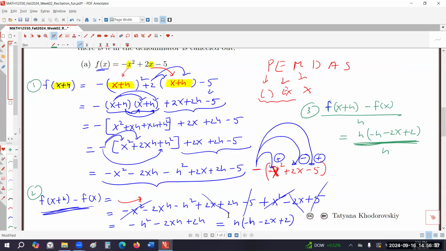What do you see? Can you simplify anything here? h. We can cancel them because one h is multiplying on the top, another h is single on the bottom. Cancel. And let me rewrite with the plus in front: 2 minus h minus 2x. You don't have to rearrange. I just rewrote because I want to start with something positive.